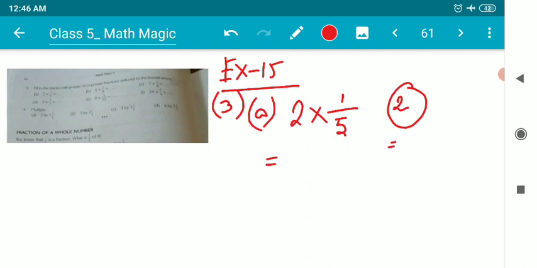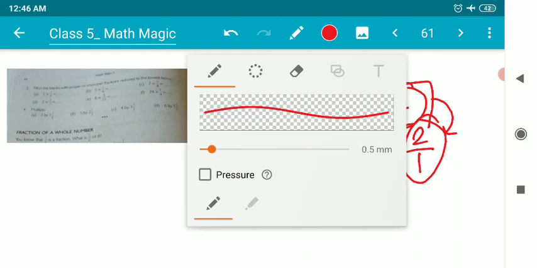Yes, children, the number 2 can be expressed as 2 by 1. The whole number can be expressed in the form of a fraction by simply taking the denominator as 1, as we know that if there is no denominator, it means the denominator is 1. So the product of 2 into 1 by 5 will be expressed in this way.